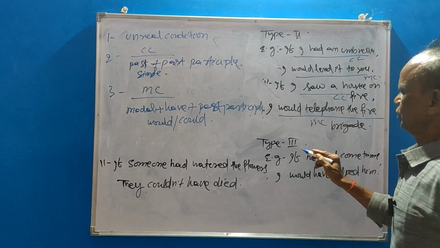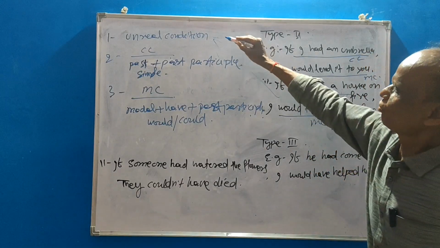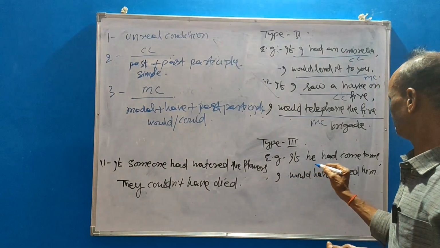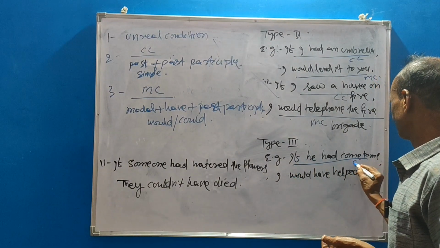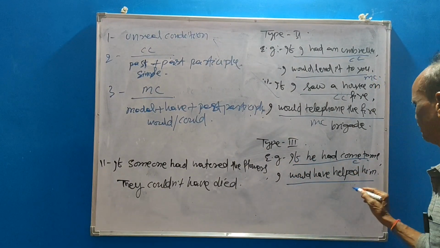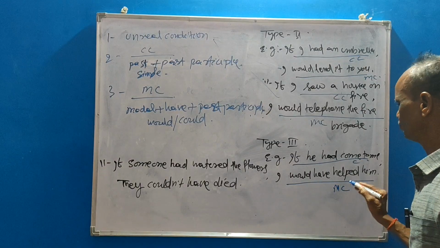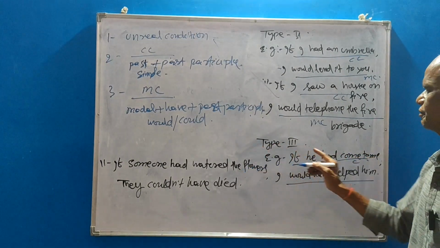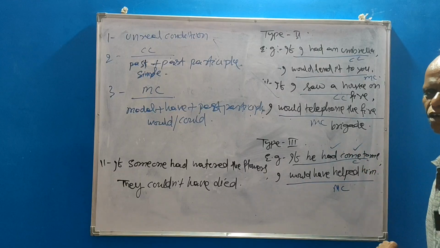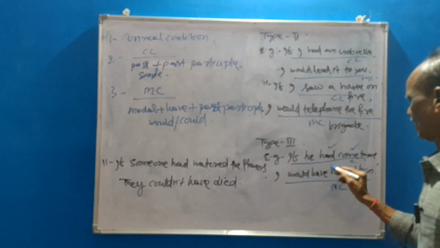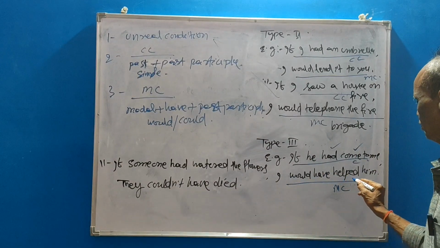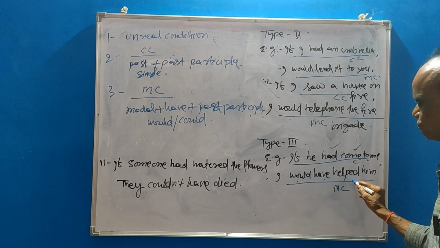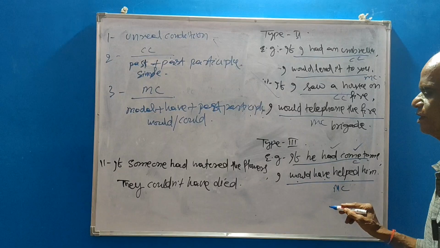So type 3 conditional clause refers to a condition that never occurred. For example, if he had come to me, conditional clause, I would have helped him, main clause. So, had with past participle, and modal would plus have plus past participle, helped.